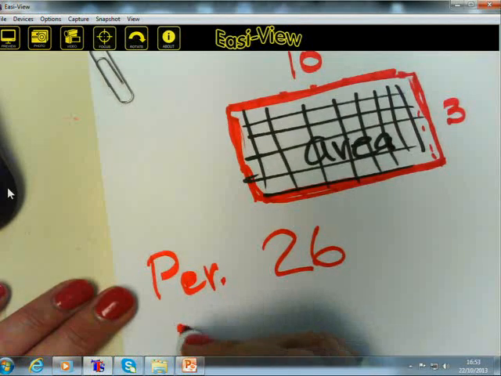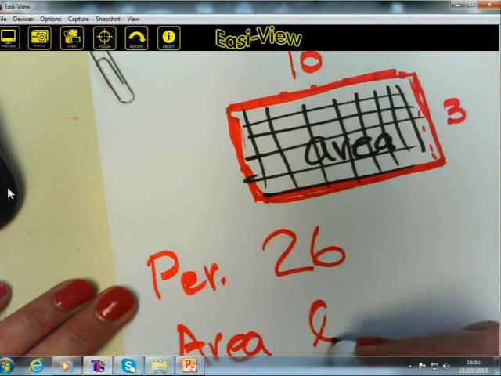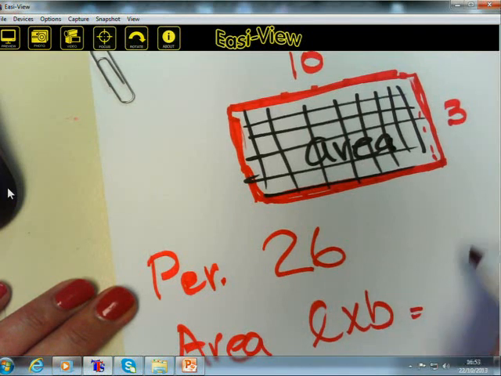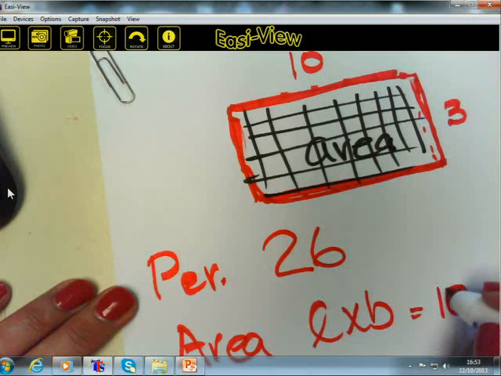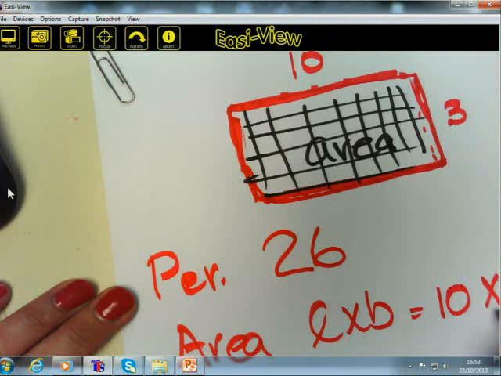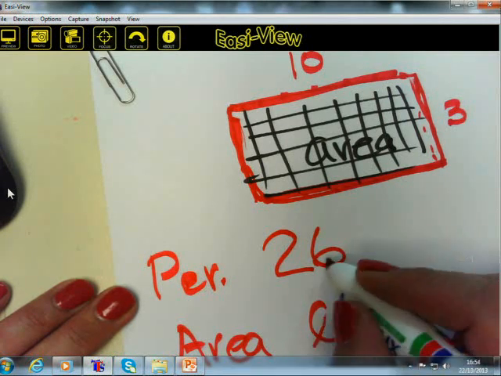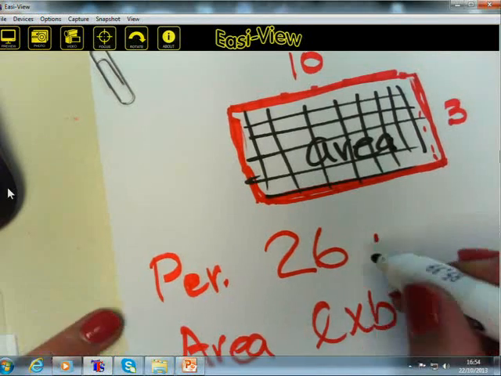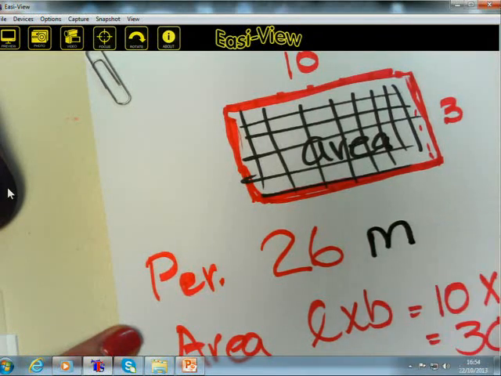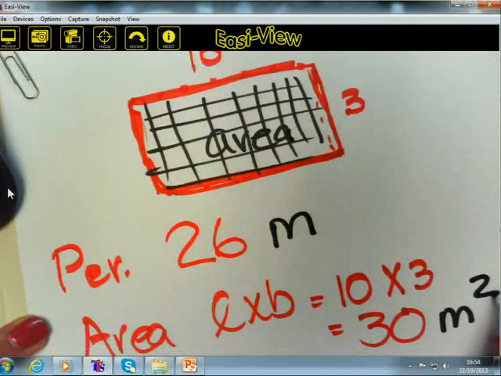When I want the area of a rectangle, it is L times B, so then I will say it is 10 times 3, and that will be 30. The units for perimeter is meters. The units for area, meters square.